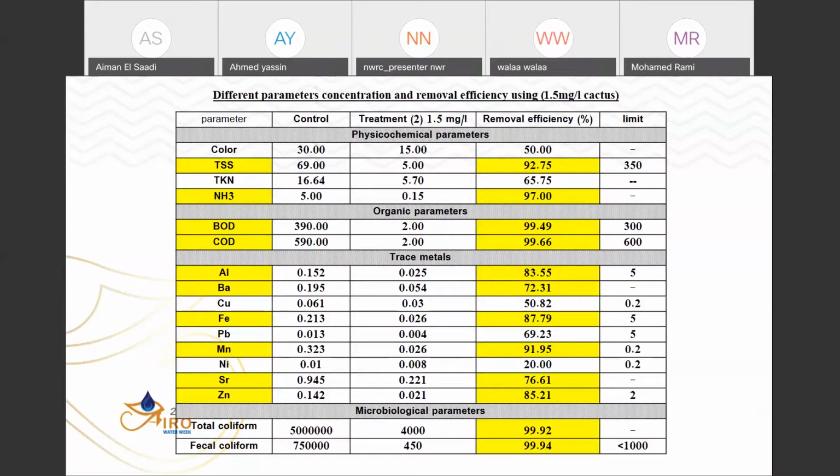As we show, total suspended solids, ammonia, BOD, COD, and most of the heavy metals and microbiological parameters may be above 80%.